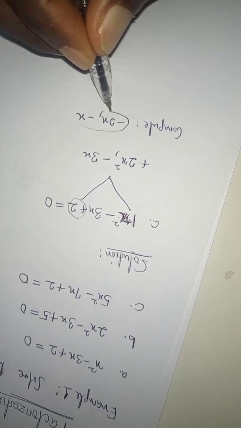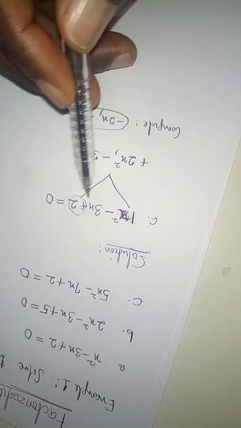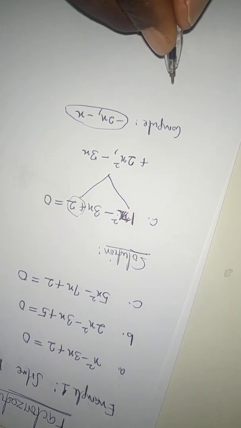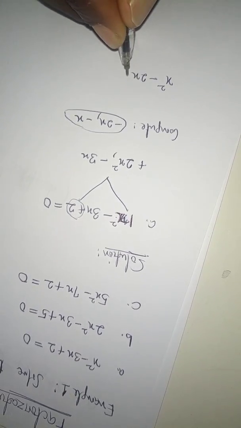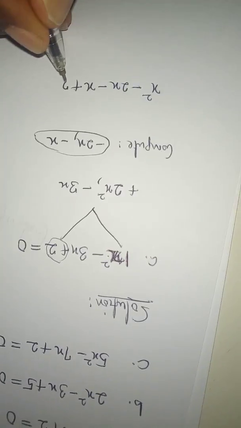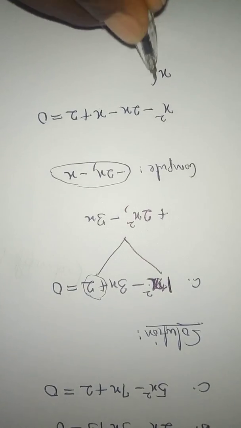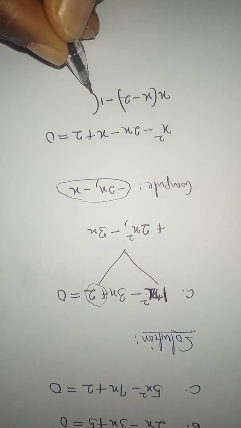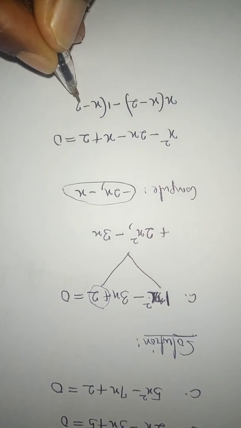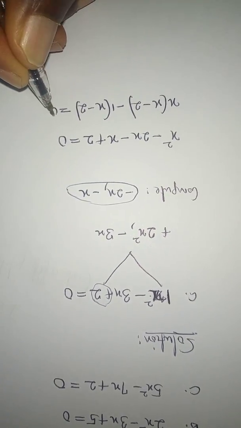Substitute these two into the middle expression. So we have x squared minus 2x minus x plus 2 equals 0. Factorize accordingly: x, open bracket, x minus 2, minus 1, open bracket, x minus 2, equals 0.